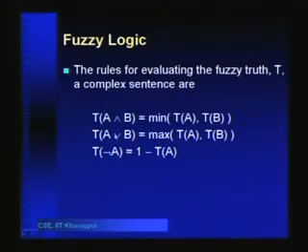Every event A, B, C, whatever, they are all sets, right. For example, fat is a set. If you define the continuum of weights of all persons of the world, then a subset of that is fat, right.